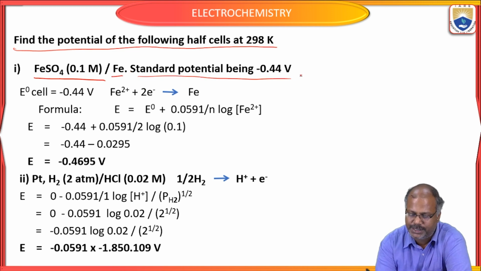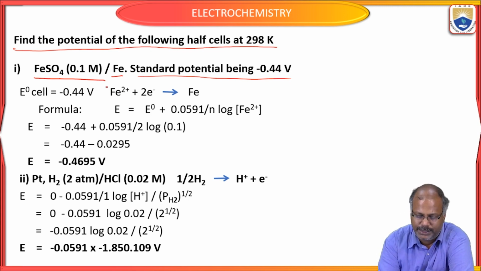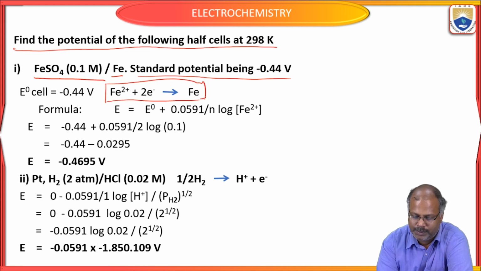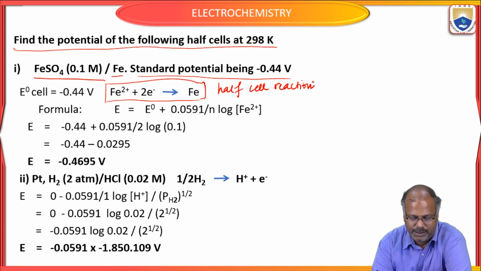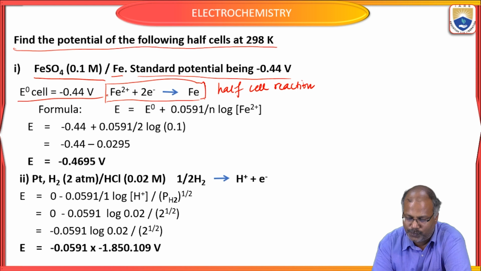Standard potential is minus 0.44. This is the half cell reaction, and it is a reduction. The E0 is given as minus 0.44.